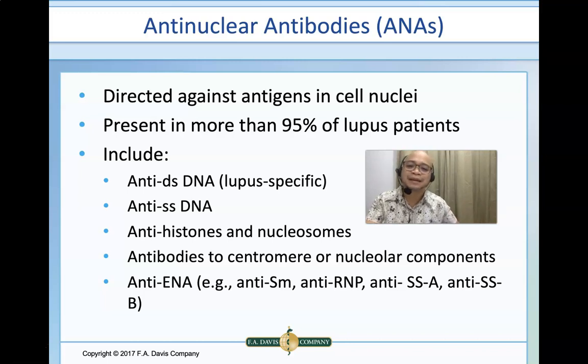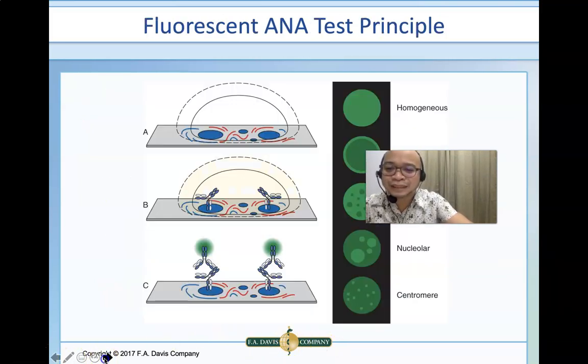Let's enumerate some of the antibodies. We also have anti-single-stranded DNA, anti-histones and nucleosomes, antibodies to centromere or nucleolar components, and anti-extractable nuclear antigens. This includes your anti-Sm, anti-RNP, anti-SSA, and anti-SSB.